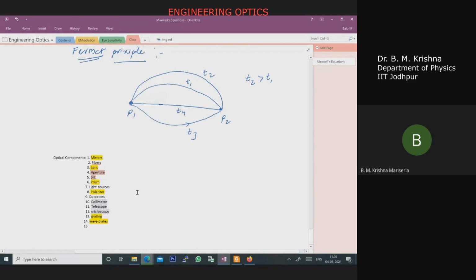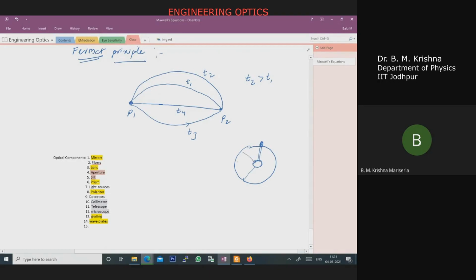You have an aperture like this, and in your aperture you have a variable knob, so that with this knob you can open and close the aperture. Closing the aperture means minimal optical path can travel. That means the light intensity you can control with this aperture.